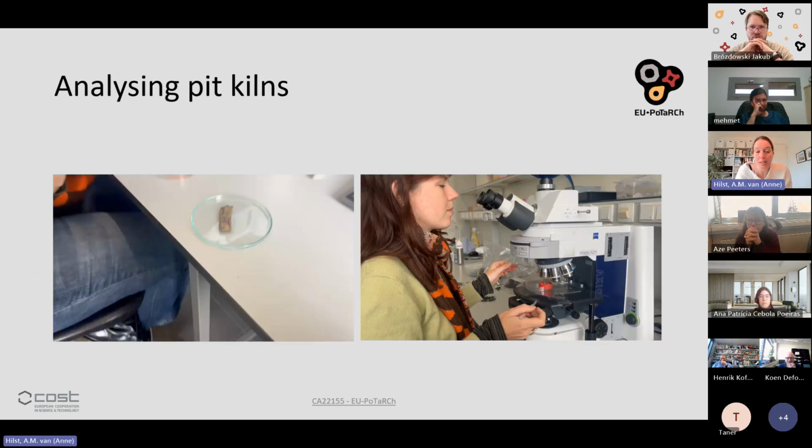So in the lab, Koen and Aze showed me how to identify charcoal under the microscope. And in my PhD research, I work a lot with anthropological data, but I had never actually done any identification myself or seen the lab work of these identifications. So in the videos, Aze is looking at a charcoal fragment, again from the feature we just saw.